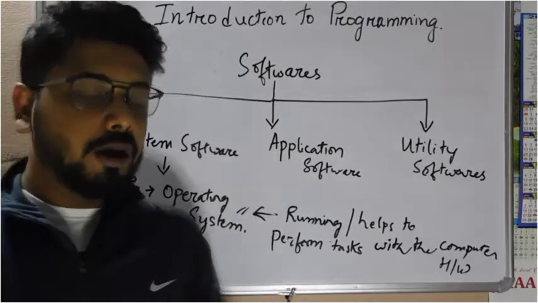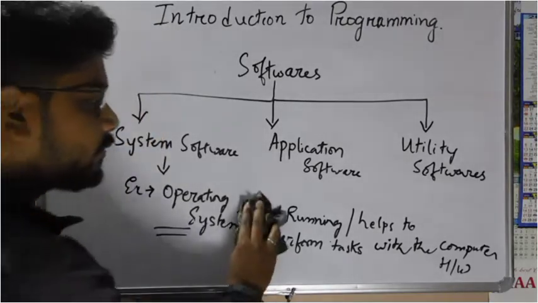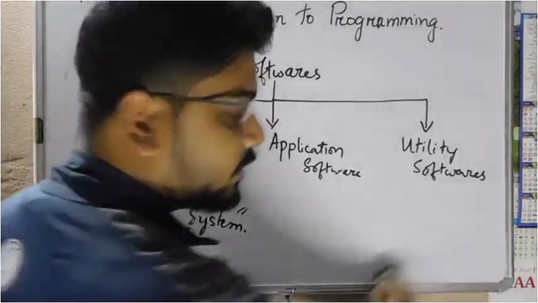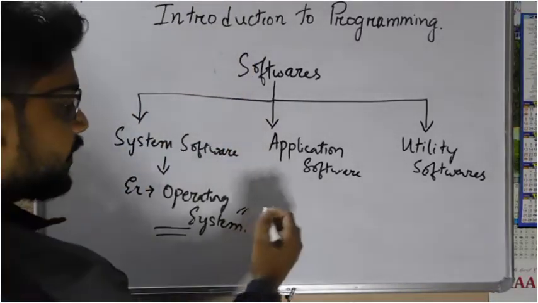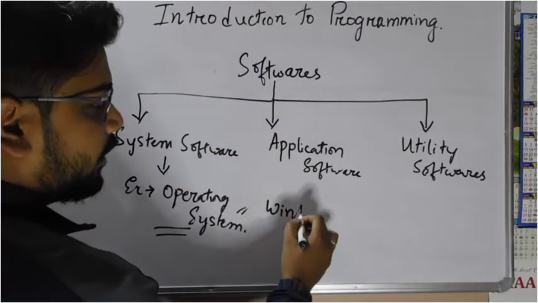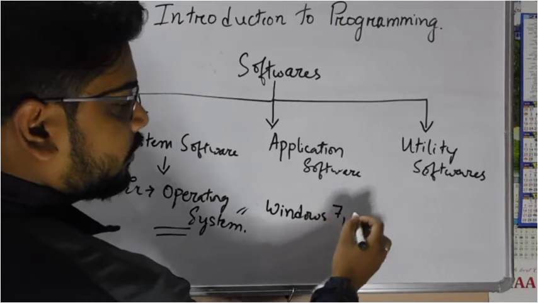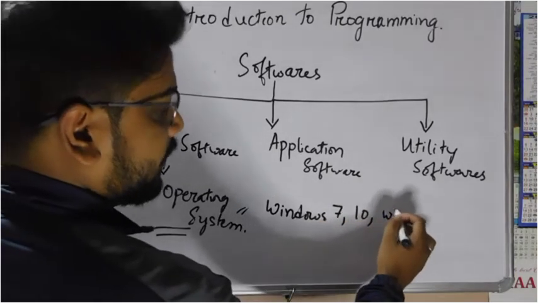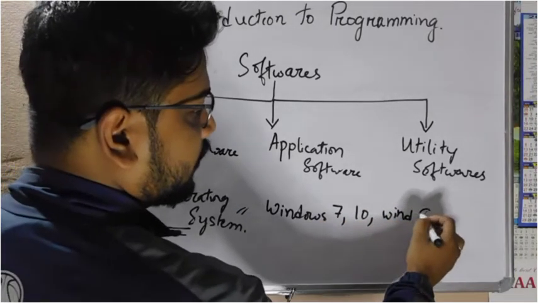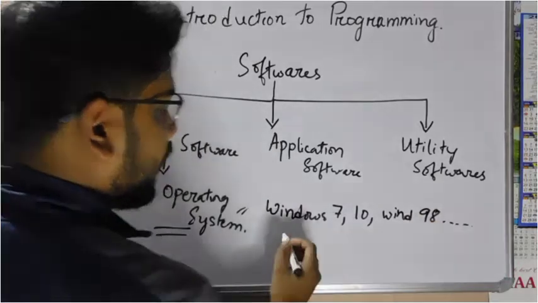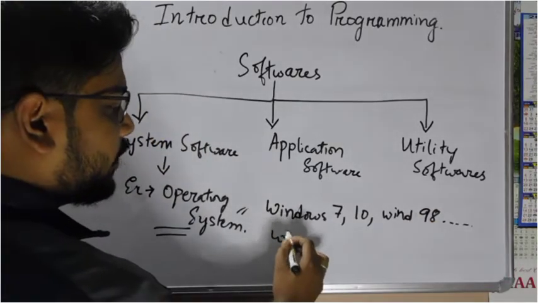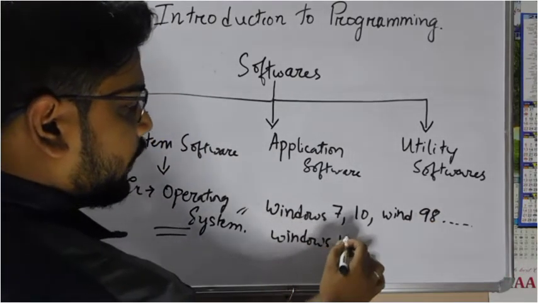There are various examples of operating systems. You might know various operating systems, like Windows 7, 10, then Windows 98. The recent versions have come up to Windows 11.